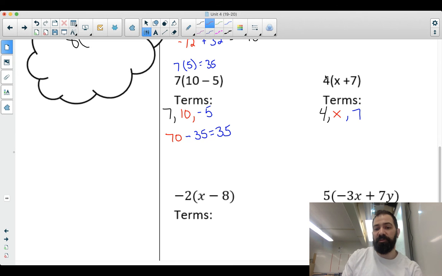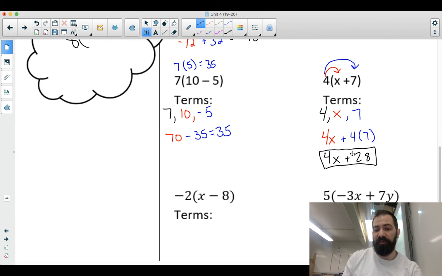If we want to do our distribution, we do 4 times x, and then 4 times 7. 4 times x is just 4x. 4 times 7 is 28. We can't combine terms that don't have the same variable with addition. So 4x plus 28 just stays as 4x plus 28. And that's it.